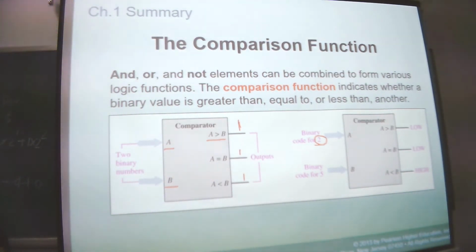So A is less than B, right? A is less than B because 2 is less than 5. The output of this is high, and the other two outputs are low.